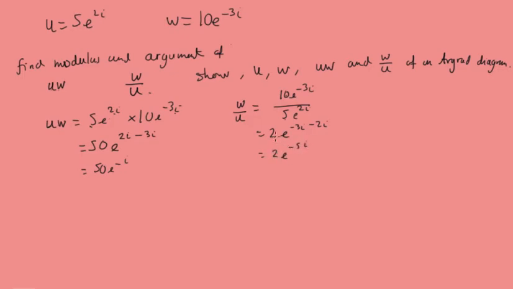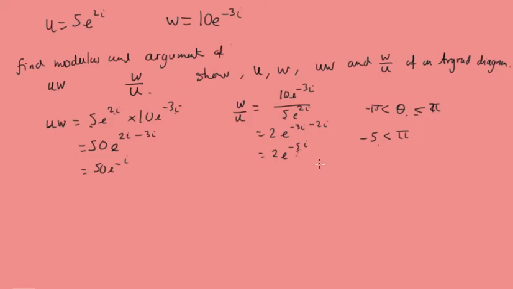Now, remember, we had this condition that theta had to be between minus pi and pi. Here, we've got minus 5. So minus 5 is less than minus pi, which doesn't satisfy this condition. So this tells us that this value for theta is not the principal argument.